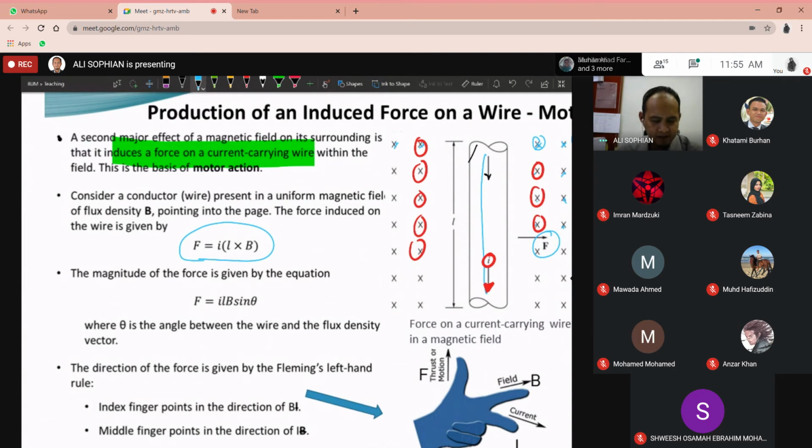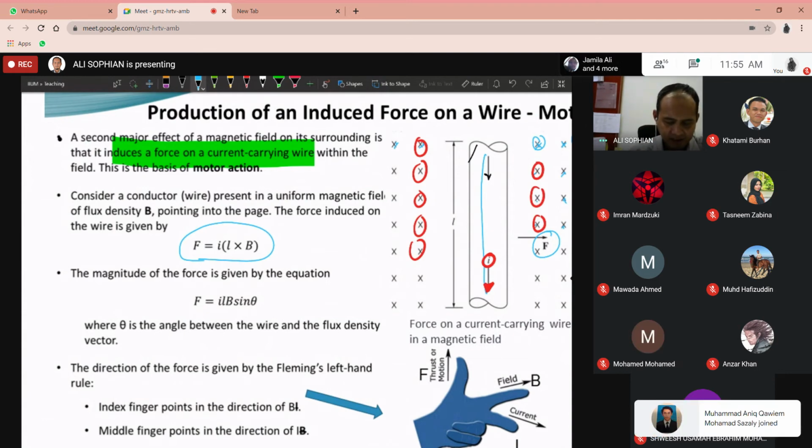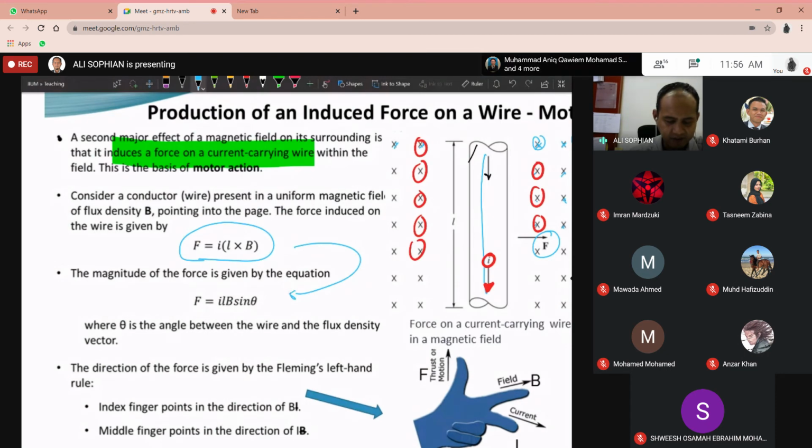This is the vector. It will give you the vector, including the direction, but the magnitude of the force will be given by this: F = ILB sin theta, where theta is the angle between the wire and the flux density vector. So theta is the angle between L and B.